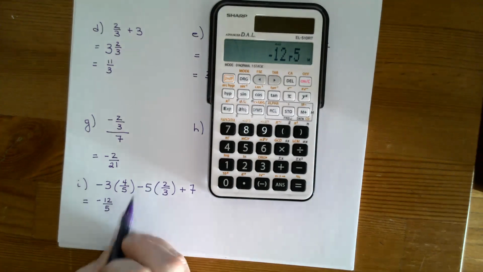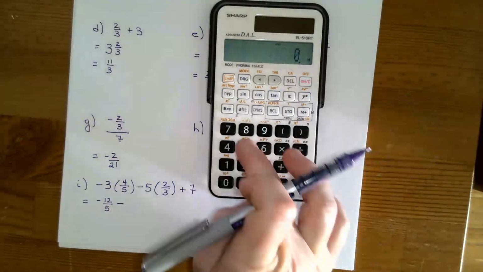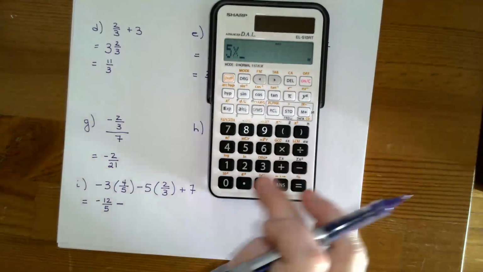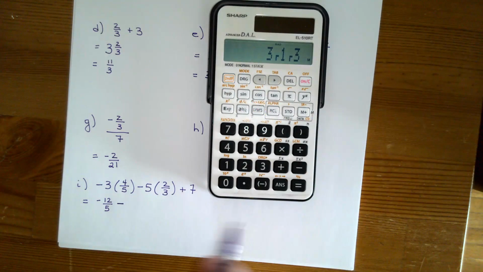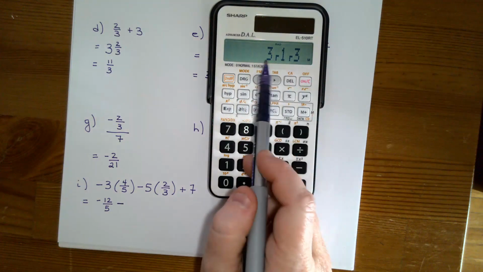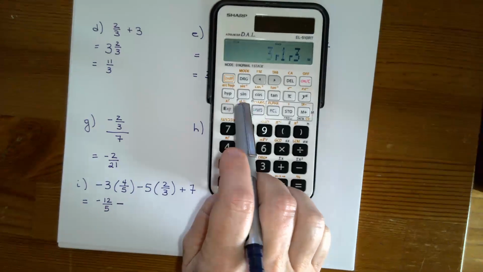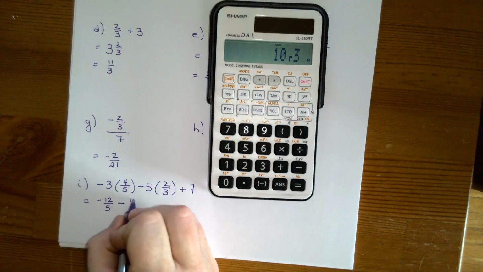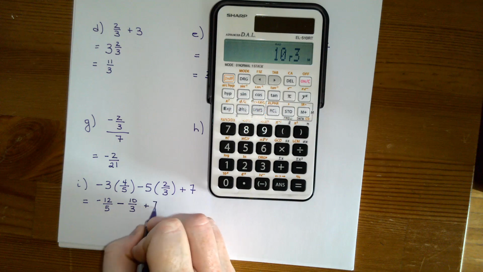So now I'm going to do this to turn it into an improper fraction. So I end up with -12 over 5. Then I'm going to subtract. So I'm just going to write the subtract. And now I'm going to do 5 times 2/3. So I'm going to go 5 times 2, fraction button 3 equals. So again, it's in mixed, so I need to turn it into improper. So second, and then the fraction button again. So 10/3, and then I have plus 7.